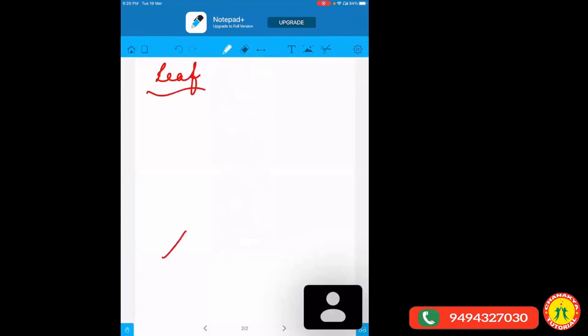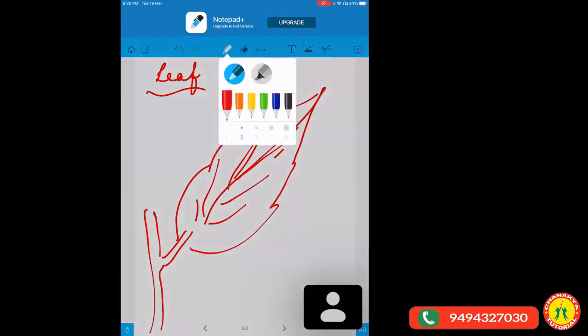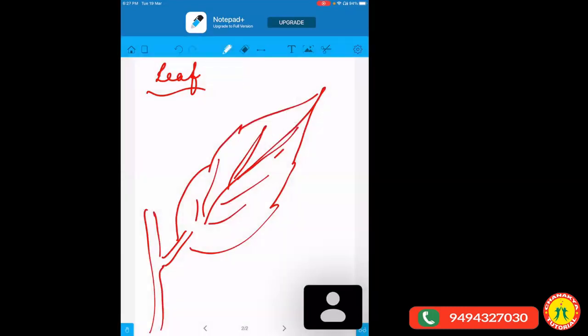So it will be like this. The structure will be like this. Correct. Now the center one, what is the center? This thick line in the center is called the midrib.